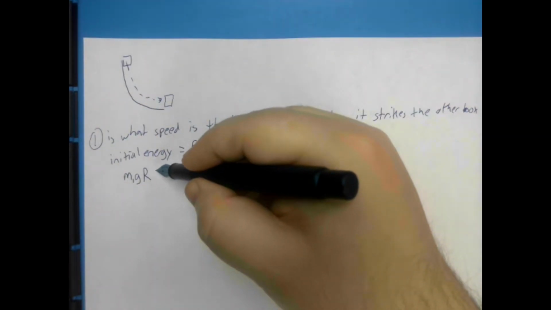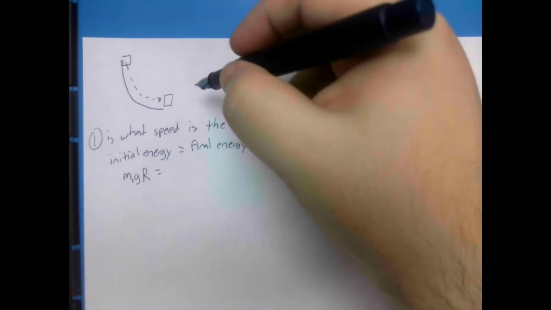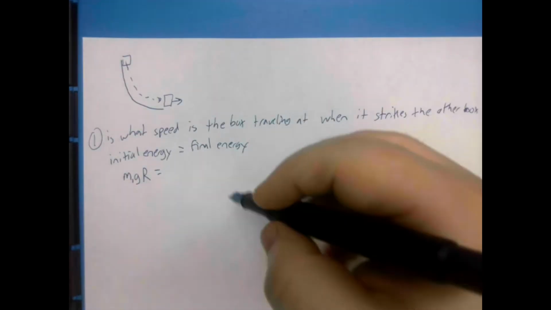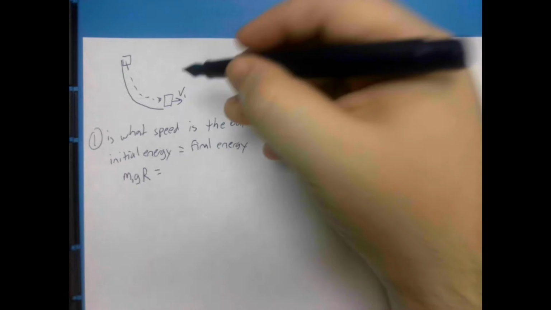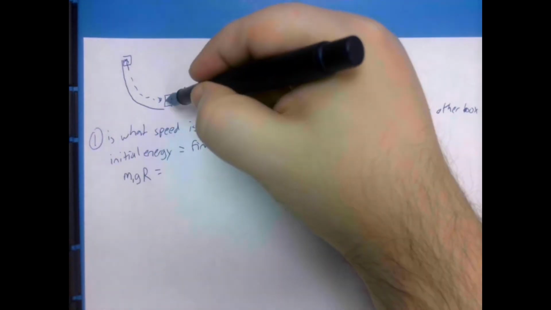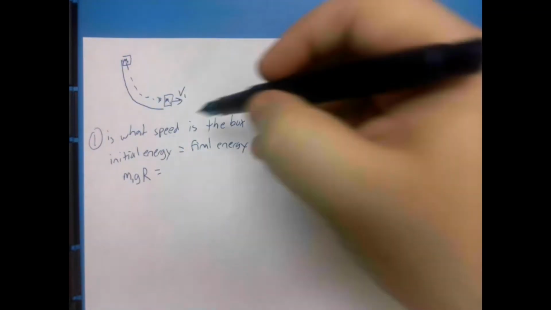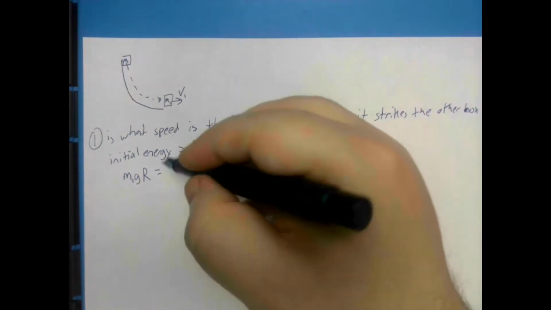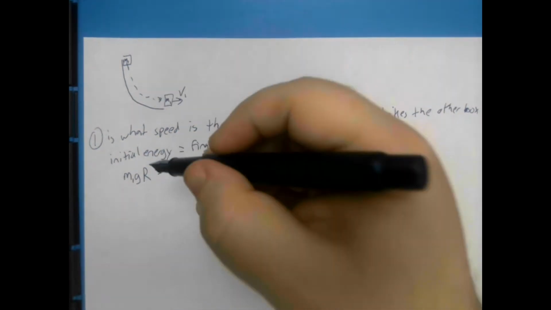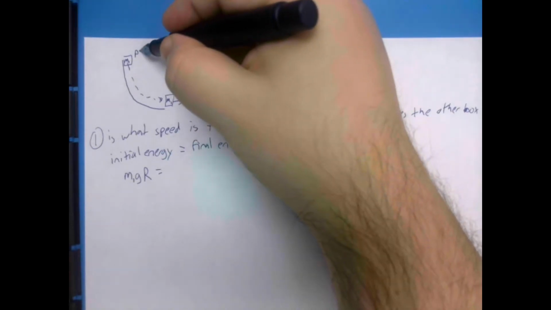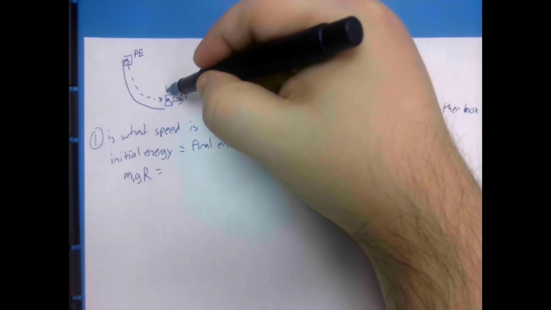And that's equal to, once it's down at the bottom, it's moving at some velocity, and I'll call that velocity V1. This is M1, M1. And it's going to strike another box. And so thus it only has potential energy here, and down here it's all kinetic energy.